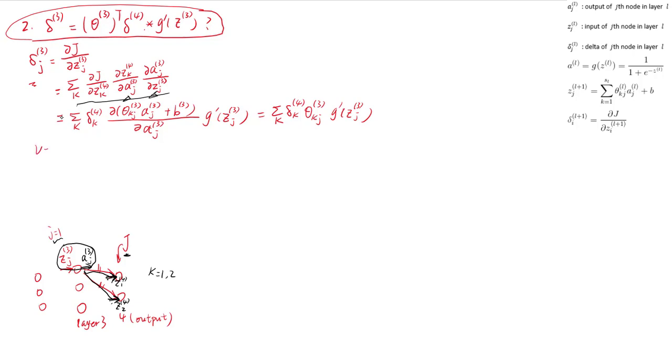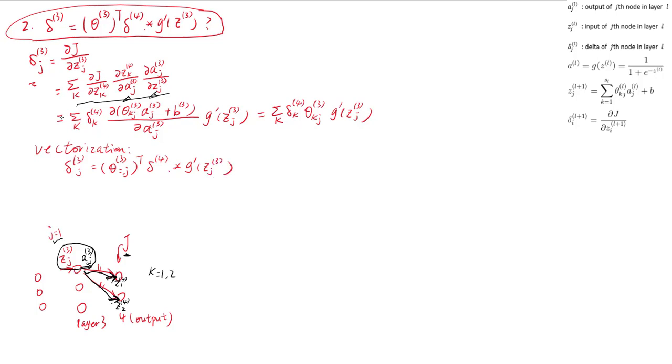If you do the vectorization, it becomes delta 3j equals theta 3 for all rows but column j, transposed, times delta 4, dot product with g prime z3j.